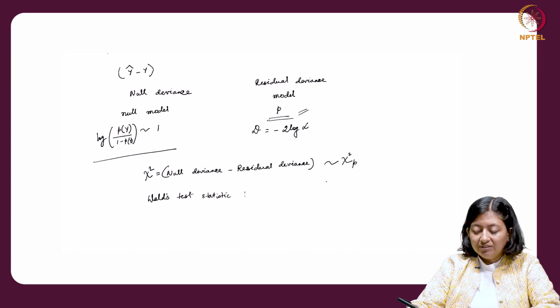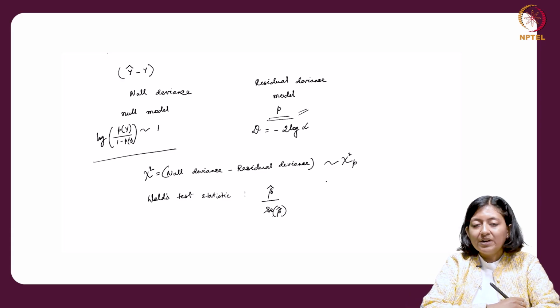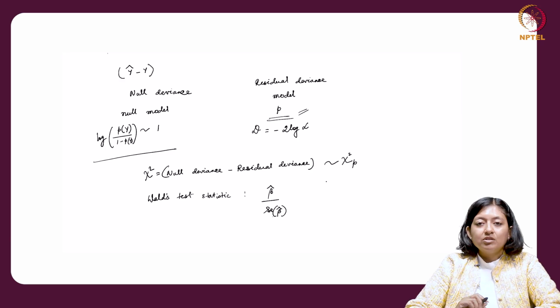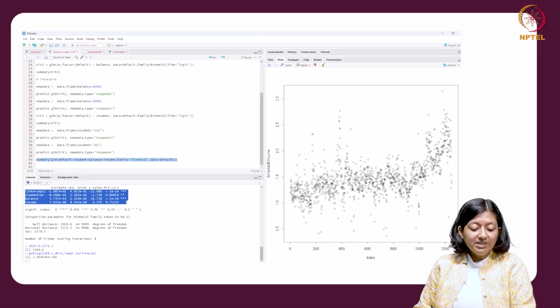How is it calculated? So for our problem, it is simply beta hat minus 0 divided by standard error of beta hat. So we have seen in the R output that we have the beta hat values in the second column, the standard error of beta hat values in the third column, and the Wald's test statistic values in the fourth column, which is basically a Z test statistic.